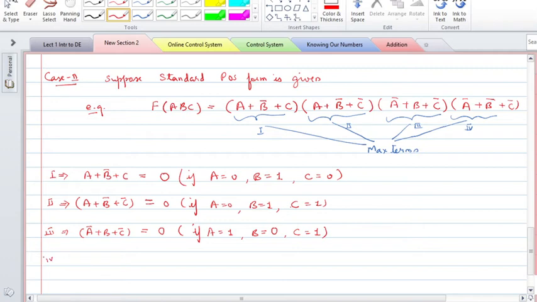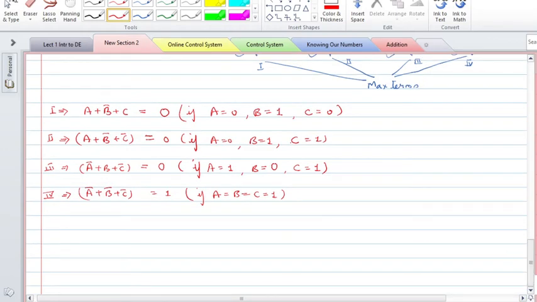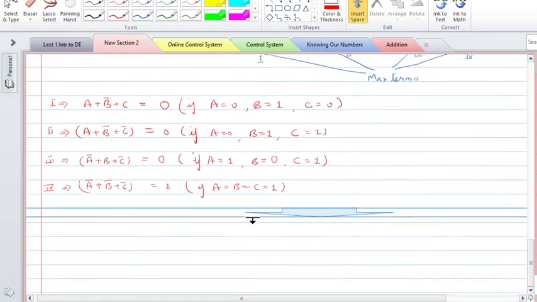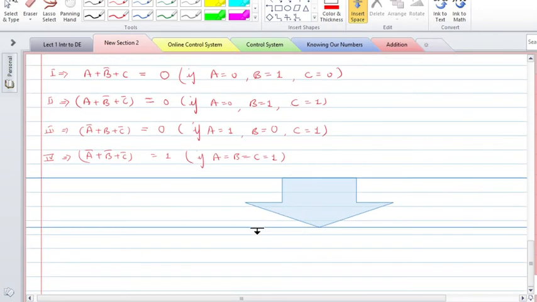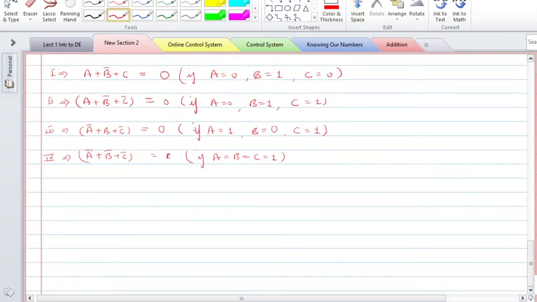Similarly, the fourth term, A bar plus B bar plus C, it means if A is equal to 1, B is equal to 1 and C is equal to 0, the term is 0. Sorry, there this should be 0 here.